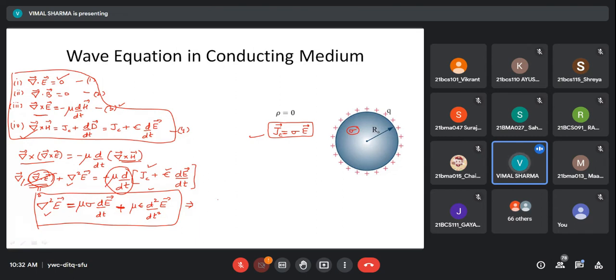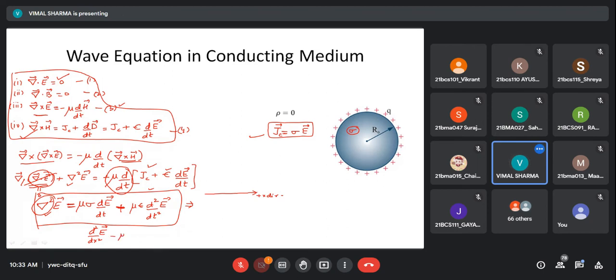So if I write a wave equation for an electromagnetic wave which is propagating only along the positive x direction, then I can replace this del square by d square over dx square. Direction of propagation is only x. So I write it like this, and I shift these terms to the left hand side.